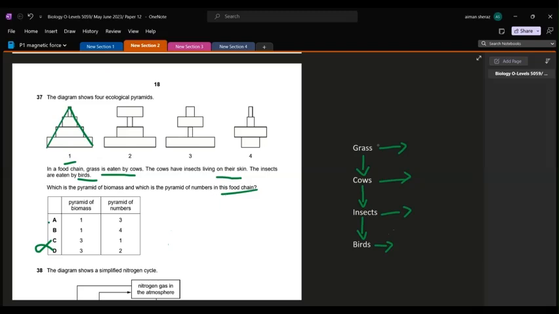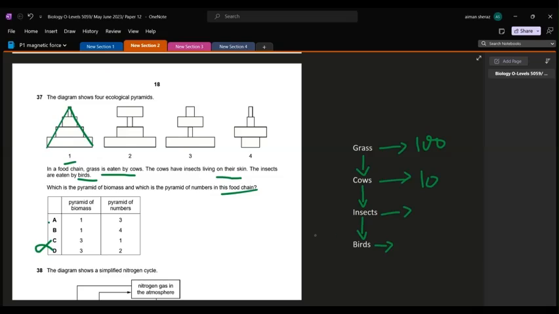Now, this is the food chain that they're talking about in the question, that there were grass plants and then cows ate them, and then cows had insects living on their skin, which were eaten by the birds. So, if we just assume that there were 100 grass plants and there were 10 cows who were eating them, and always remember that parasites would have an increased number.